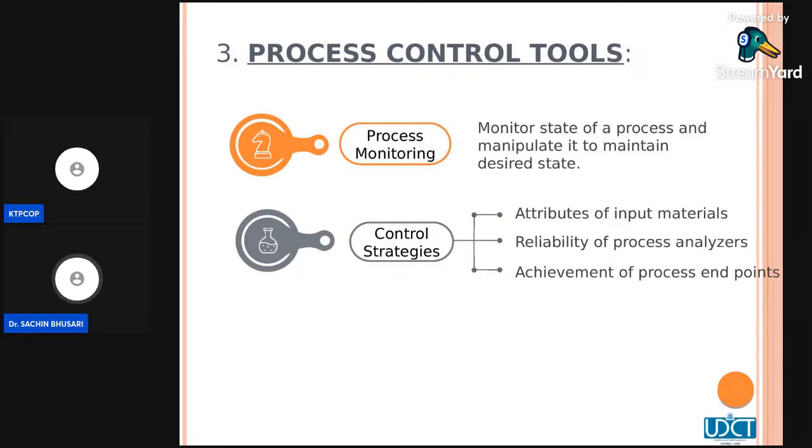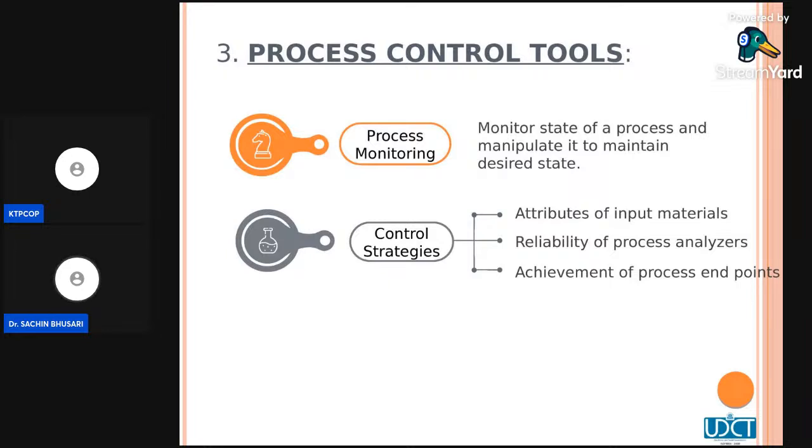Again, there are some process control tools which help you to control the processes, attributes of input materials, reliability of process analyzers, and achievement of process endpoints. So with these control strategies, once you achieve the product, it will stop the reactors at that time. This is a control mechanism because it is real-time monitoring. So the product is achieved, you got the desired product, yes, definitely there will be stoppage of the process automatically.